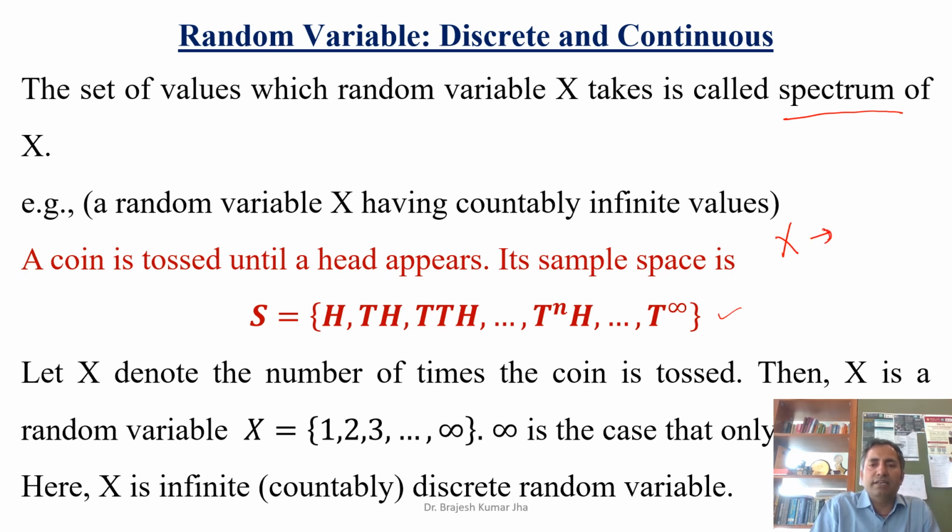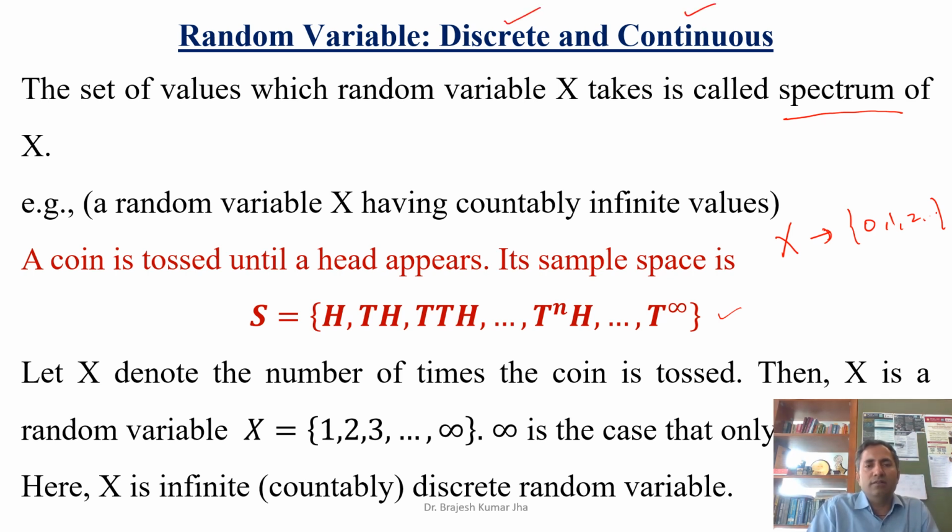The number of heads, we can define 0, 1, 2 like that, and that is the value of the random variable. It comes from the range. So x may be an infinite, countably discrete random variable, and it may be continuous also. So two types of random variable we can define: discrete and continuous.